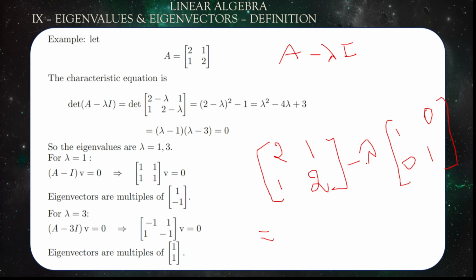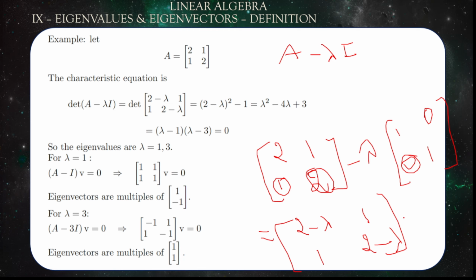That gives 2 minus lambda times 1, which is 2 minus lambda, then 1 minus lambda times 0, which is 1. We're adding element by element. Then again 1, lambda times 0 is 0, and finally 2 minus lambda times 1, so 2 minus lambda.